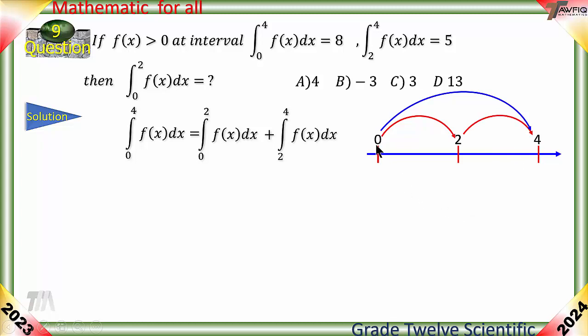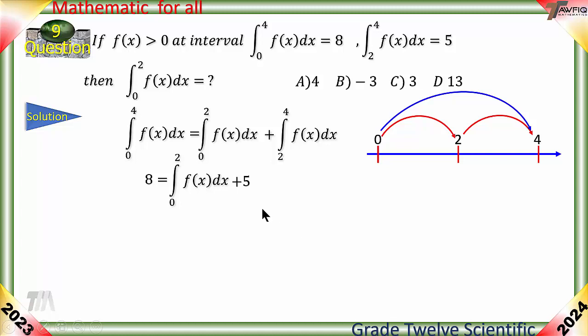Now the integration from 0 to 4 is equal to the integration from 0 to 2 plus the integration from 2 to 4. Replacing the values, the integration from 0 to 4 of f(x) is 8, equal to the integration from 0 to 2 of f of x dx, which is required, plus the integration from 2 to 4 of f(x) dx, which is 5.